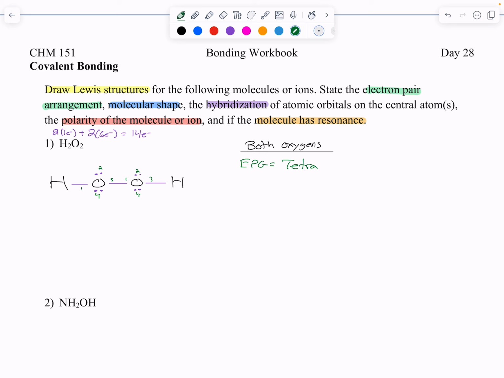Tetrahedral. Shape is bent. Hybridization, they're both sp3. Polar: yes, it's polar because they're bent. And then resonance. Is there any resonance? No resonance.